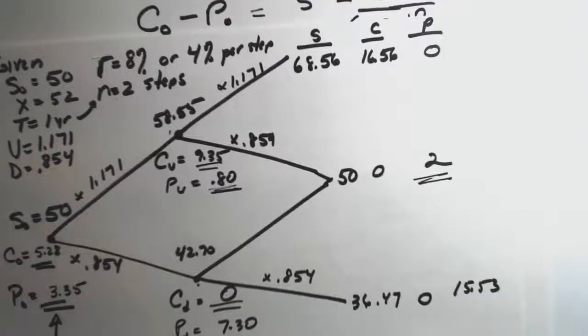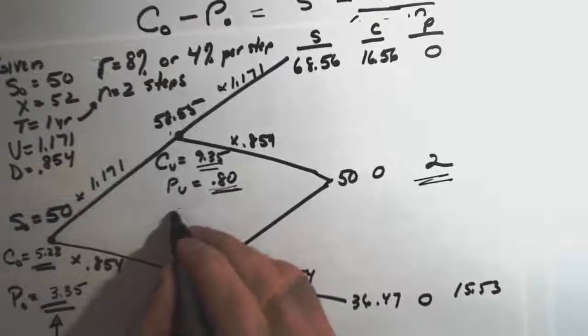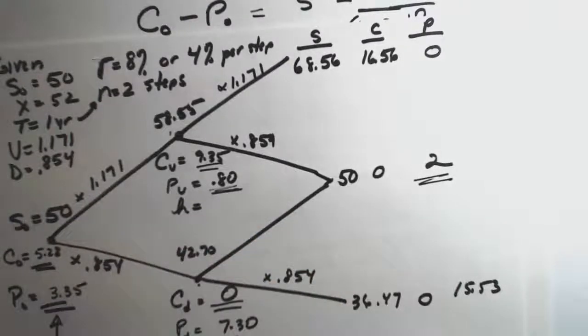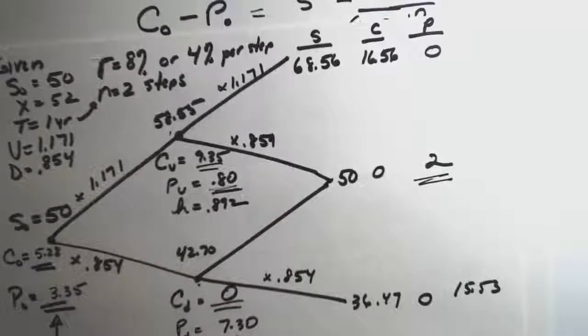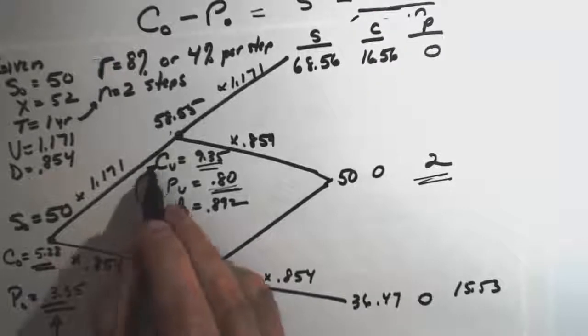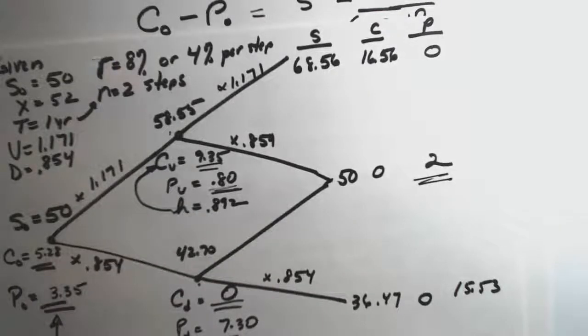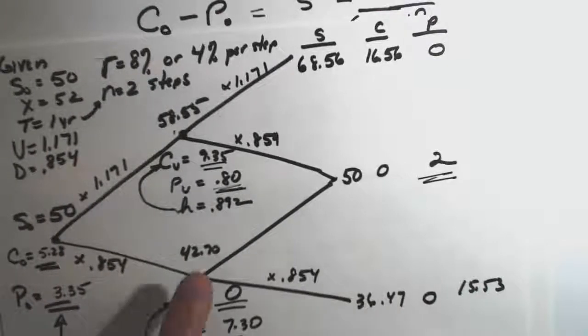If you recall, going back, H here was 0.892. H here, and that's for the call, by the way, H here was 0 for the call. Okay, now let's interpret.